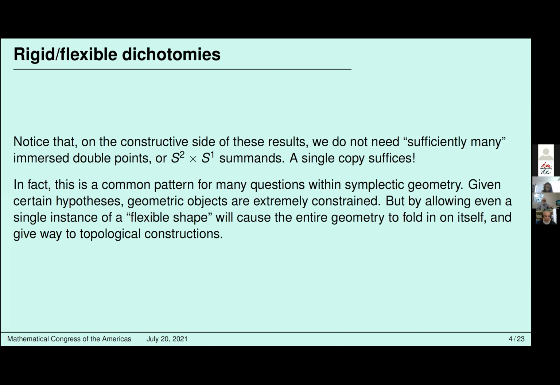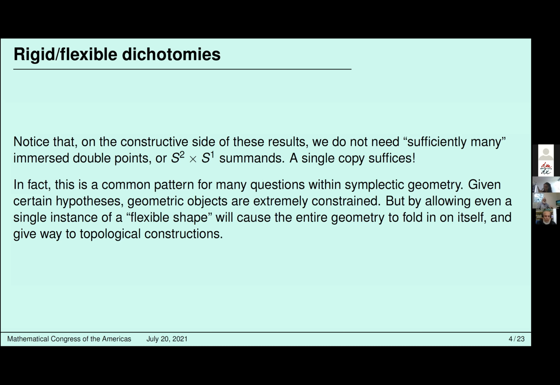However, this is extremely delicate in that it can be destroyed by just a single compact shape, for instance this double point or the S2 cross S1 summand, which will make all of the interesting geometry disappear because it can account for anything within this one shape.